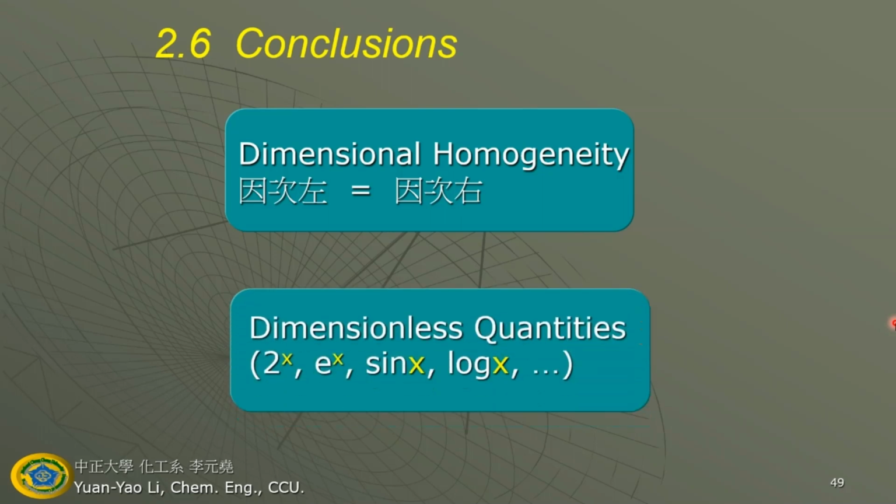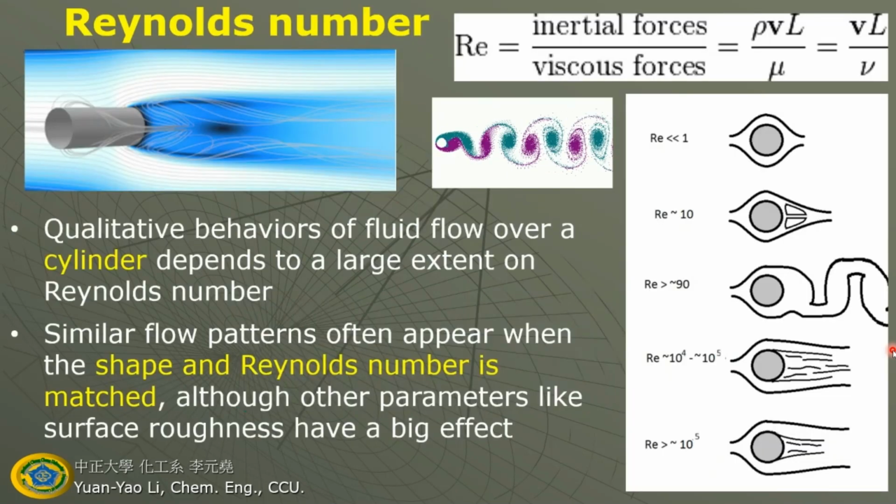Okay. So there is a sum of dimensionless quantities like this, which I highlight in yellow color. These are dimensionless quantities. I just give you a little bit of information about Reynolds number.